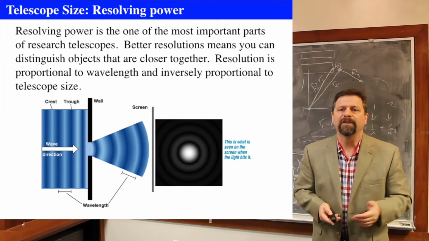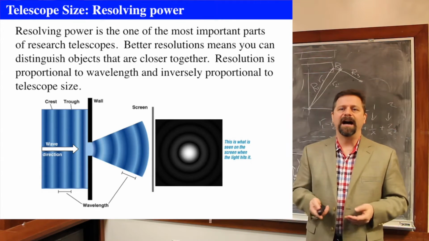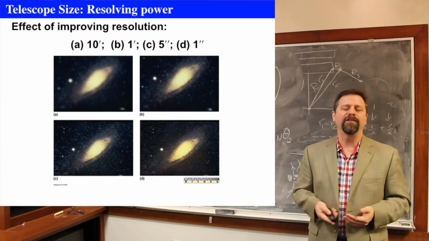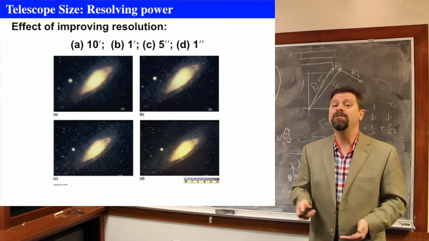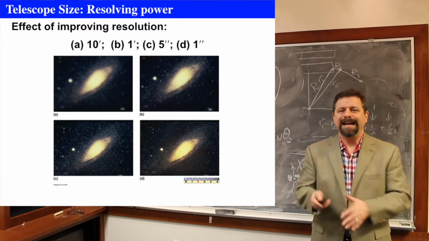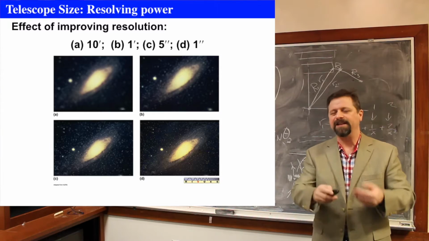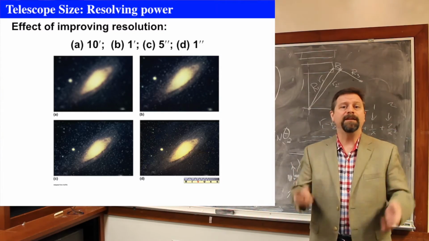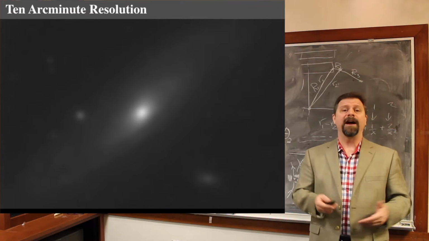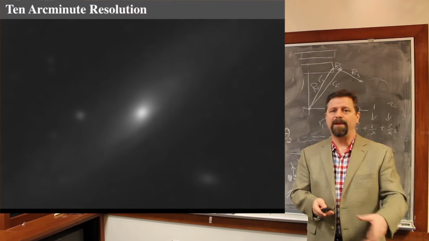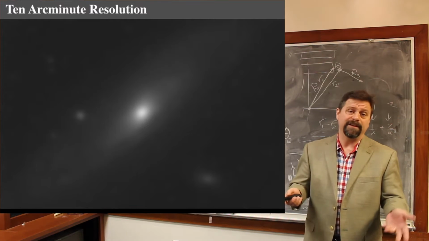All right. So let's look at some examples, something like 10 arc minutes, 1 arc minute, 5 arc seconds, and maybe 1 arc second resolution. I'm going to play around a little bit here just to give you a feel for it. I took an image of the galaxy M31 with iTelescope. It's a wonderful paid telescope service, so if you want to go investigate, please do.